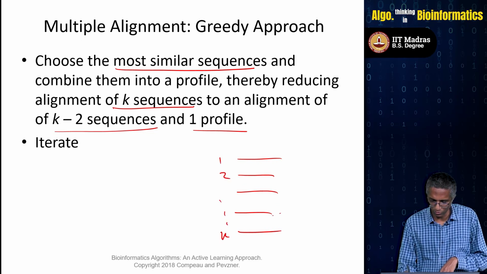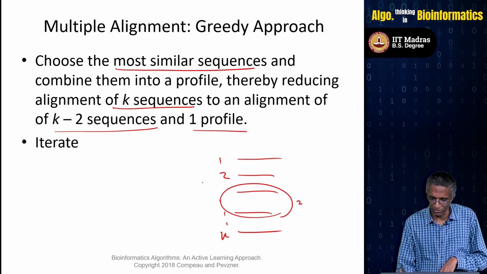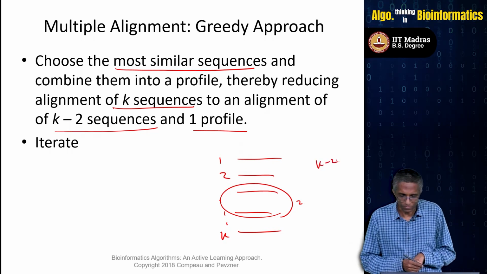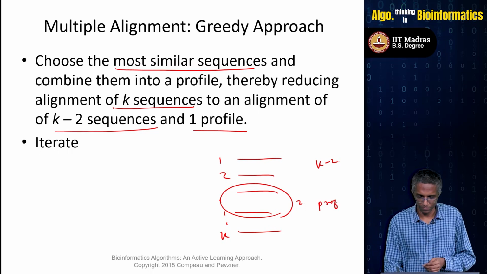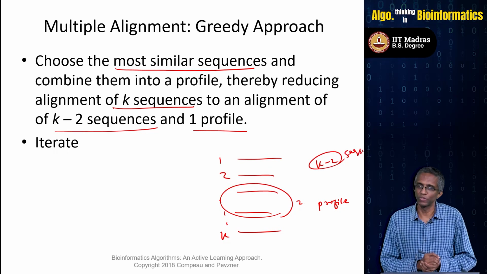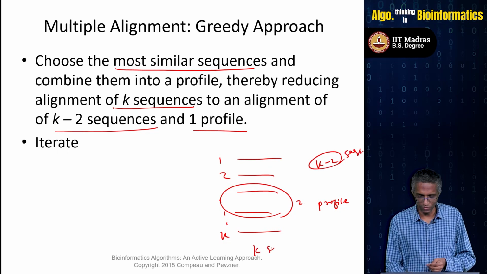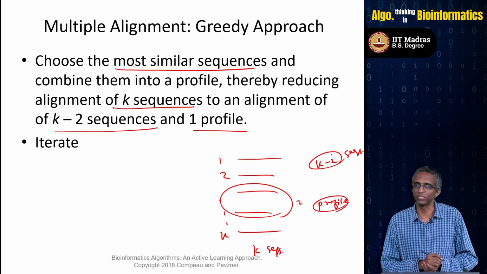You look at the two most similar sequences, and the rest are the k minus 2. So then you have one profile and k minus 2 sequences. That is what you have reduced the problem to: you had k sequences, now you have one profile combining two sequences, and k minus 2 sequences.